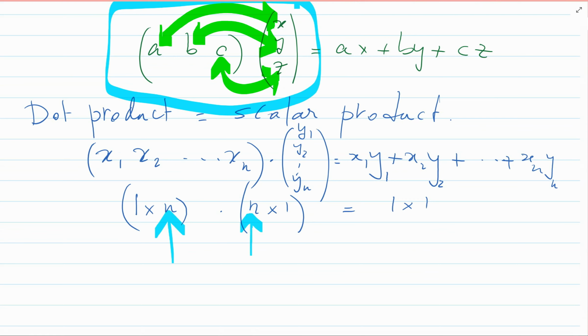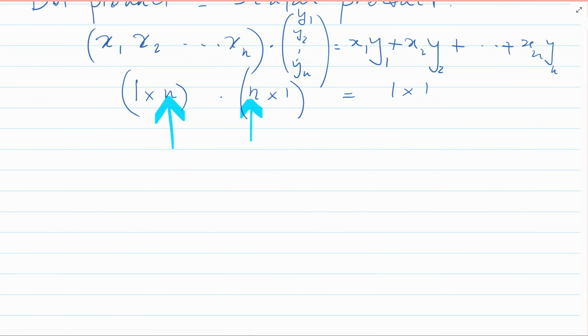This suggests the following, which is very important. So the following remark: all of what we're discussing here suggests the following.